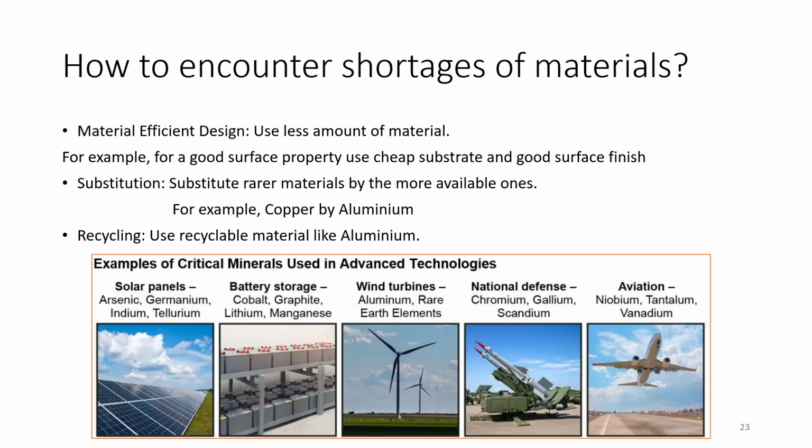For example, copper can be substituted by aluminum. In wires, they both have very close electrical conductivity, but the cost and availability are different. Next is recycling. So you can use recyclable material like aluminum.